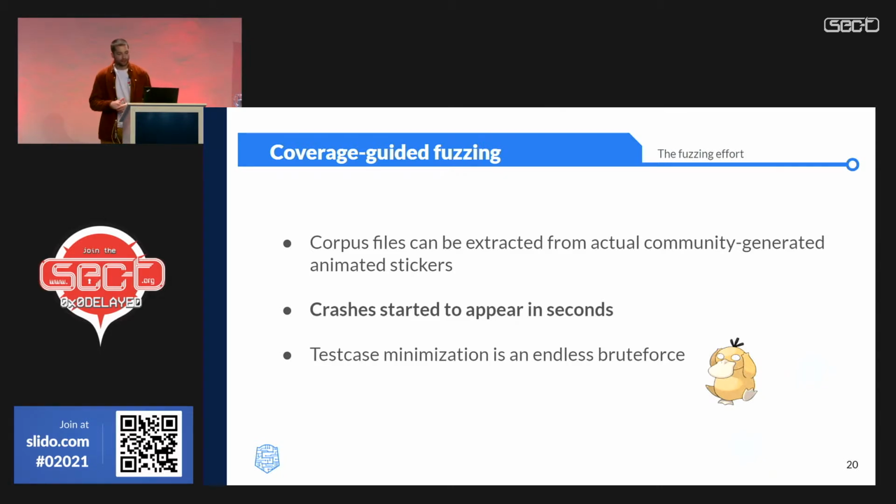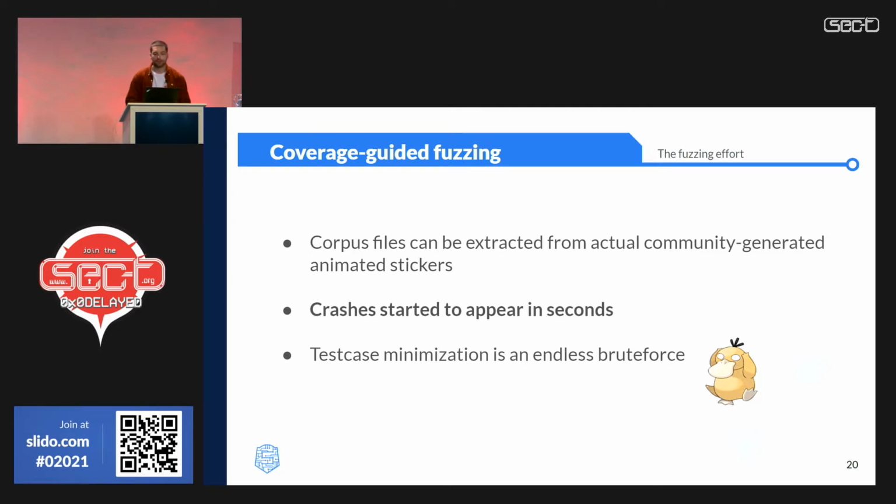I think the latter. The third point is about minimization, and we are going to talk about this also later. It is an endless brute force because, as we have seen, since the animated stickers are actually JSON-based text, a minimizer will just try to remove some bytes, but will most probably break the JSON syntax, so it's useless and it's just a brute force cycle.